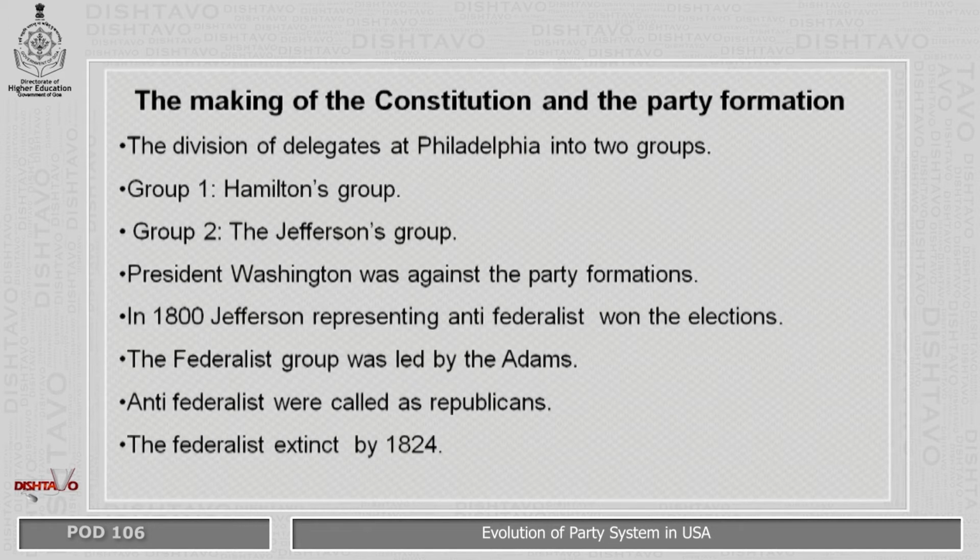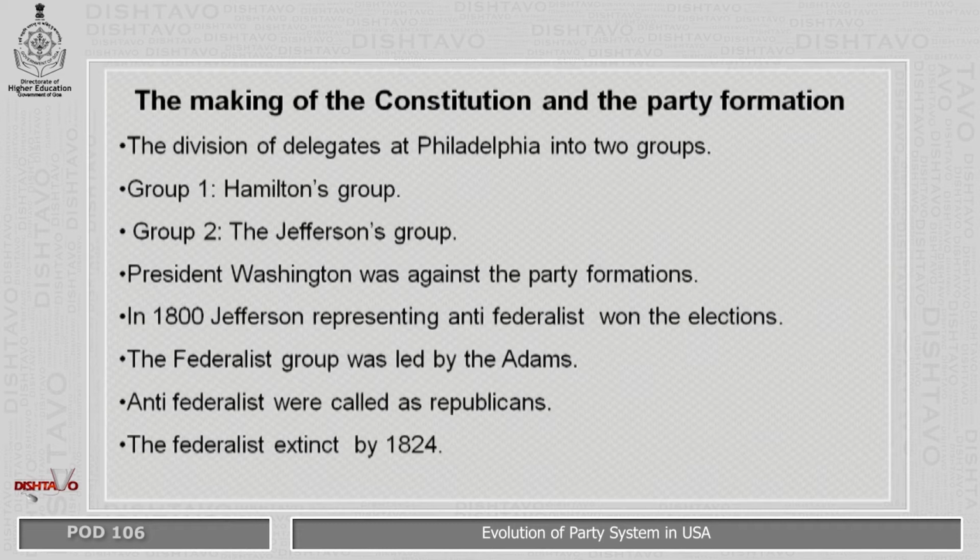President Washington, who was elected later on, was against the party formation. He was not against political parties as such, but against the differences being created, because Jefferson's and Hamilton's groups were at loggerheads with each other when it came to their political aspirations.